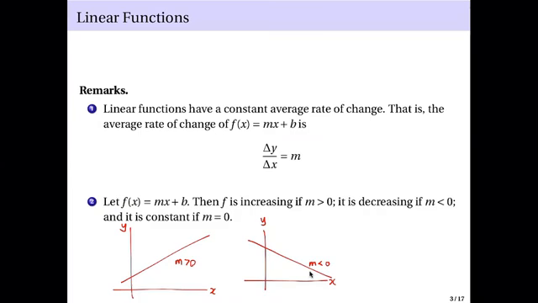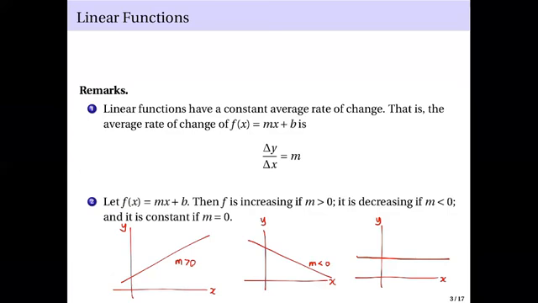And of course, if your m is equal to 0, then you just have f of x equals b, or y equals b. So the graph is just a horizontal line, or the function is constant. So this is your x, this is your y. Constant, because whatever change you make in your x, the value of y remains the same.